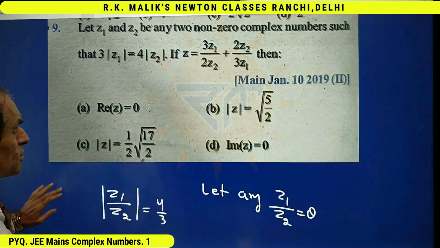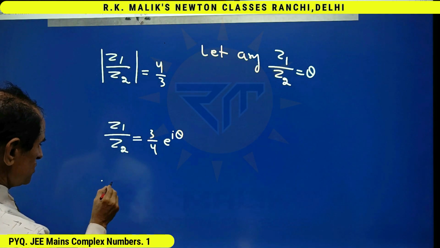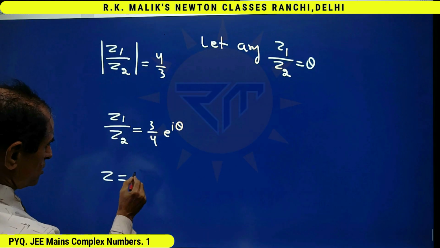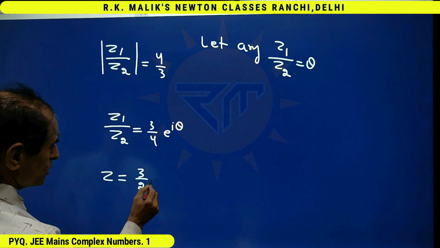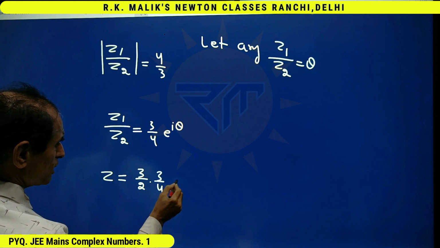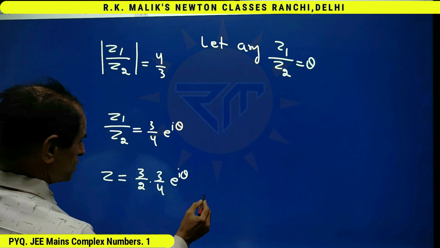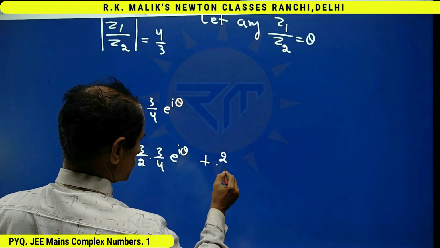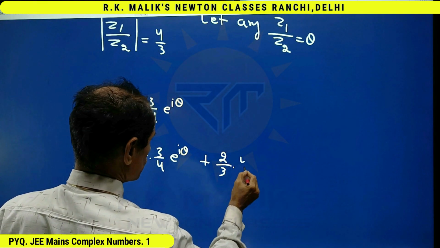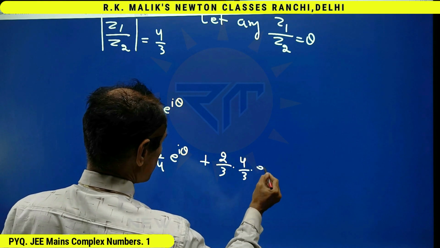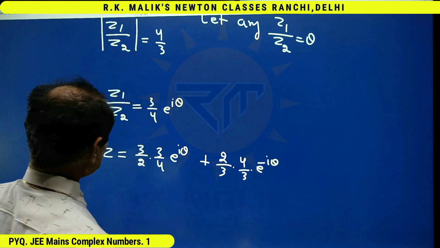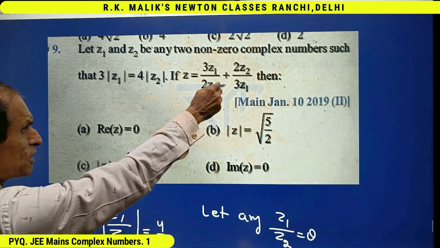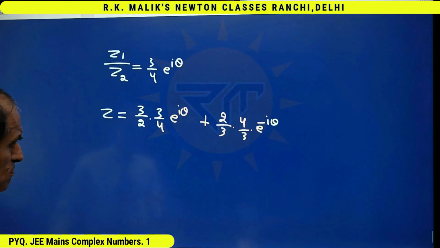Hence, using this, z becomes 3 by 2 into 3 by 4 e power I theta plus 2 by 3 into 4 by 3 e power minus I theta, because z2 upon z1 is written.